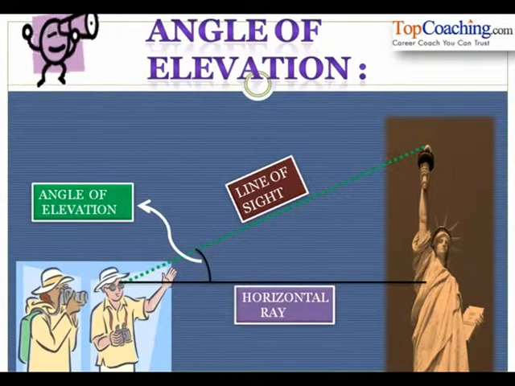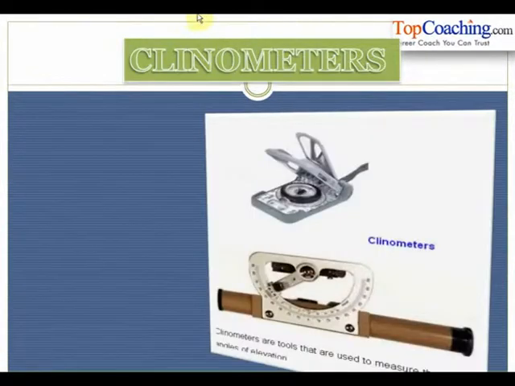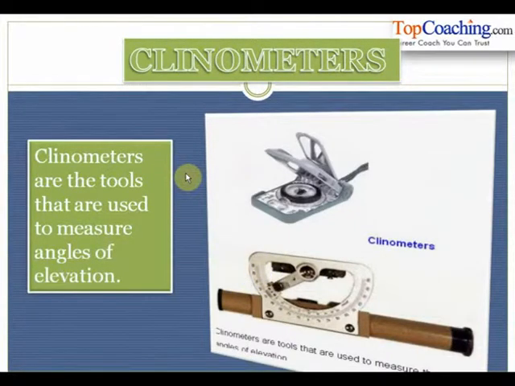So even in trigonometry, lines and angles play a very important role. Again, what are clinometers? They are the tools that are used to measure the angles of elevation. We have just seen how angle of elevation is important to find the height of any object. So clinometers are the tools that help us to calculate the angle of elevation. And again, they use the properties of lines and angles.